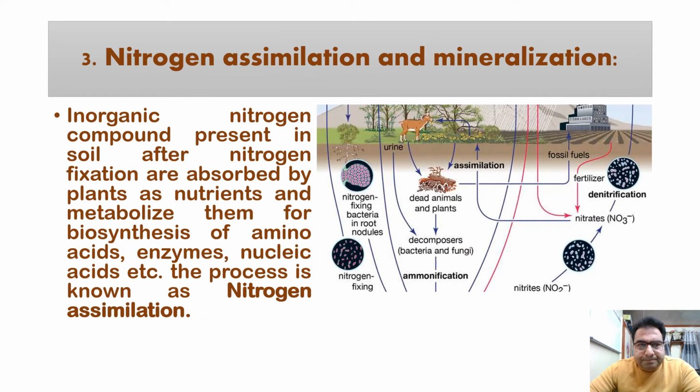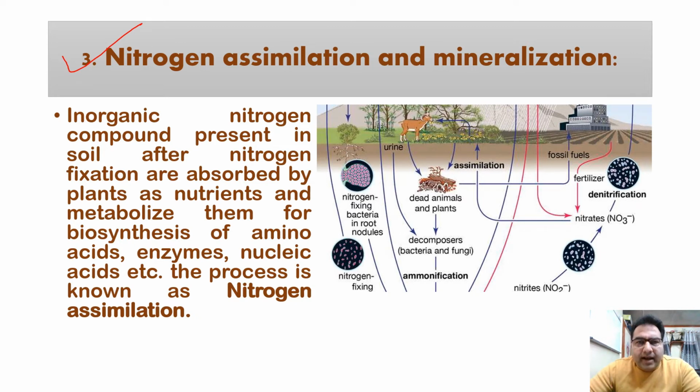The third step we call nitrogen assimilation and mineralization. When an animal feeds on plants, nitrogen is deposited in the form of protein as well as converted into other forms such as urea and uric acid and excreted in feces and urine.